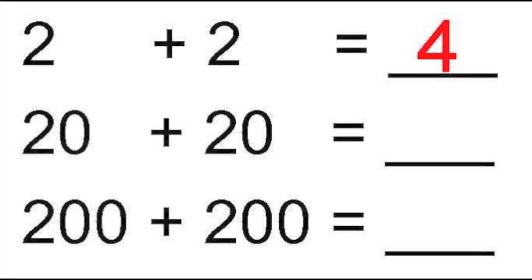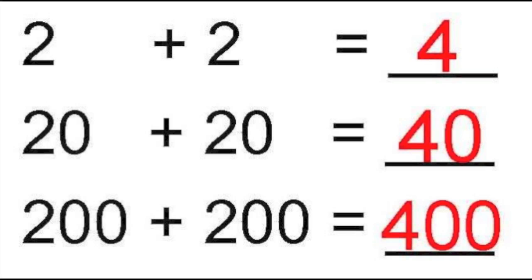Well, 20 is 2 with a 0 attached to it, so 20 plus 20 is the same thing as 2 plus 2, but with a 0 at the end. So 20 plus 20 equals 40, or 4 with a 0 at the end. Last is 200 plus 200. So once again we have 2 plus 2, but this time we have 2 zeros attached to the end. So 200 plus 200 equals 400, or 4 with 2 zeros attached to it.